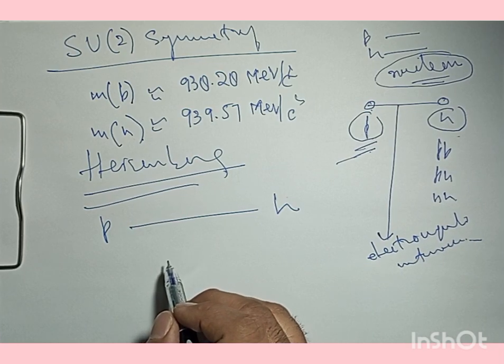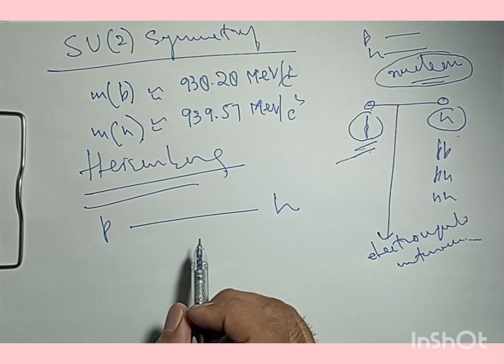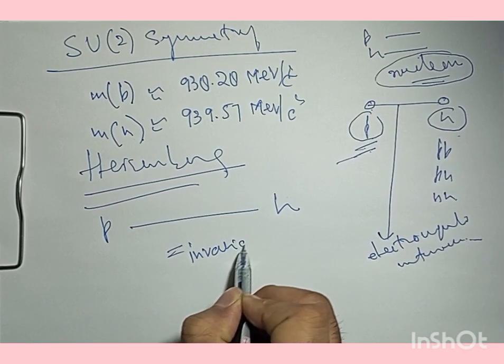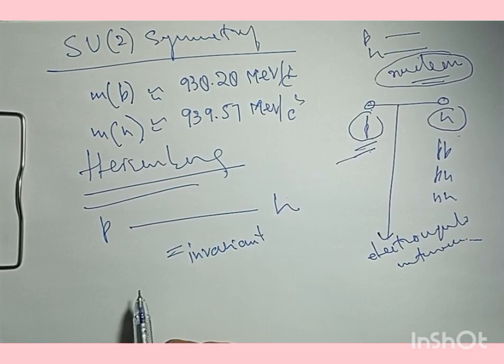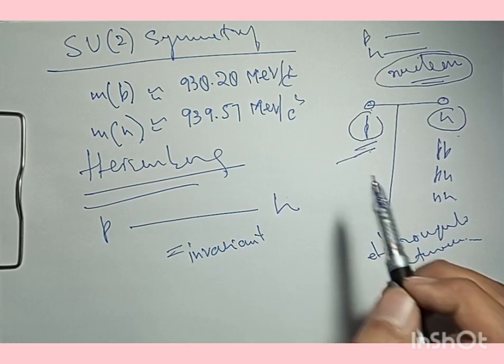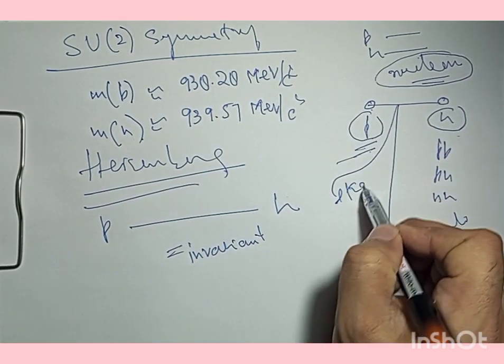And the existence of such a symmetry certainly does imply that something remains invariant, or you may call it constant, in the nucleons under the strong interaction.